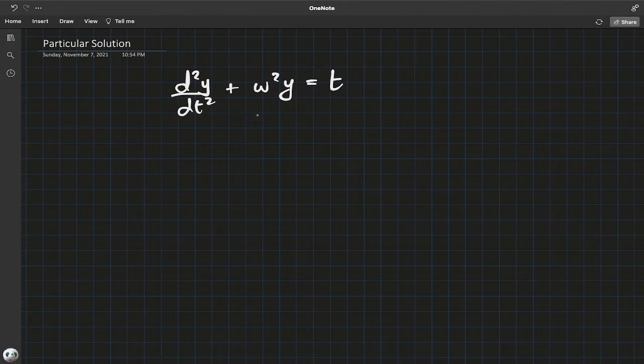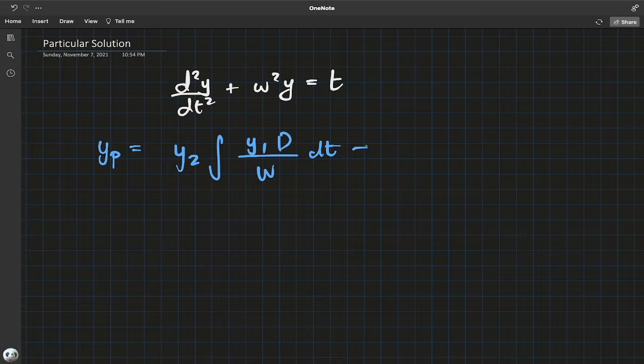Okay, so now when we get started, remember the formula. This is the differential equation. Remember the formula we derived last time, in the last video rather. Particular solution is given by y2 integral of y1 times the drive over the Wronskian, in this case dt, minus y1 integral of y2 times the drive over the Wronskian dt.